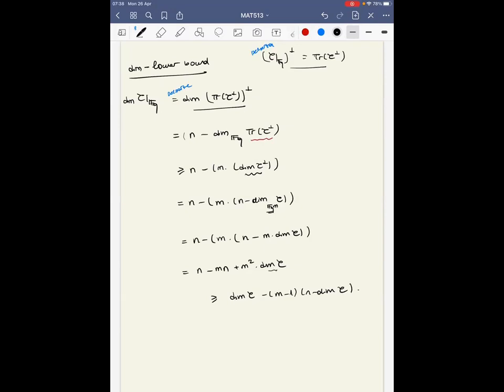In order to check the last inequality, let me denote the dimension of C by t, and what we want to verify is that this quantity is bigger than or equal to t minus mn plus mt minus t plus n.